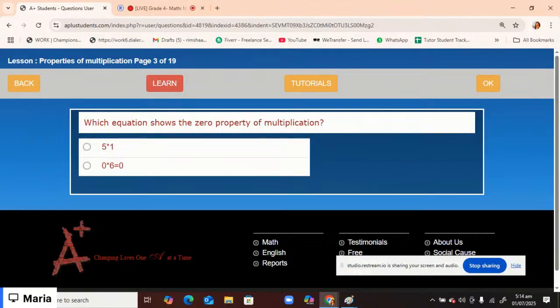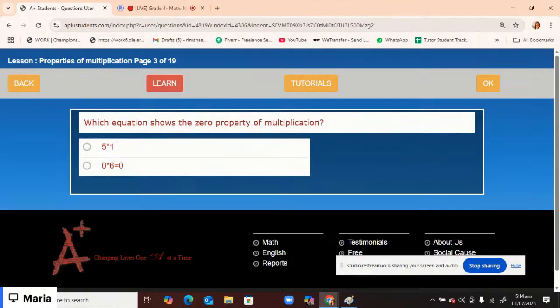Now guys, you tell me which equation shows the zero property of multiplication. Which one shows the identity and which one shows the zero property? One shows the identity and one shows the zero property. So check it out and then tell me. 5 times 1 is 5 times 1 here.